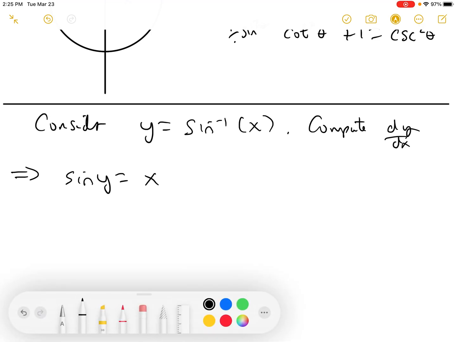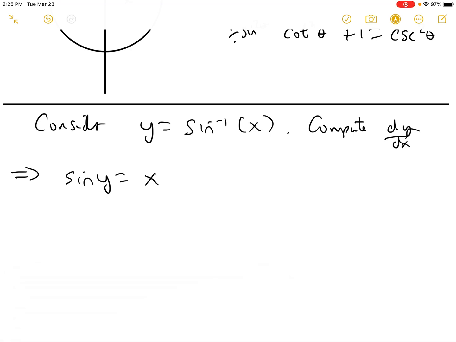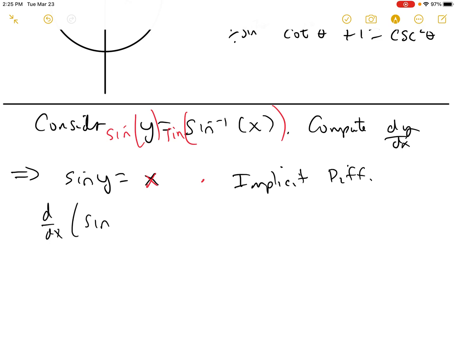Right? So putting this in red, I'm going to take the sine of y, and I'm going to take the sine of the sine inverse of x, which we know from the video last night is just x. So now we have sine of y equals x. And what we're going to use here, one of our best tools, is implicit differentiation. So we're going to take the derivative with respect to x of both sides of the equation.